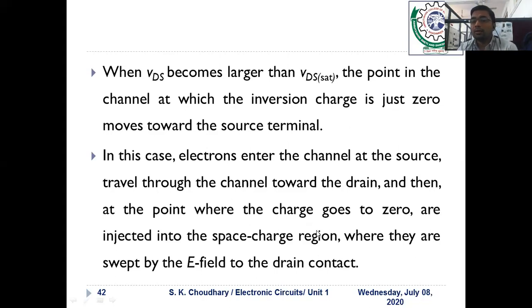In this case, electrons enter the channel at the source and travel through the channel toward the drain. Then, at the point where the charge goes to 0, this electronic charge is injected into the space charge region, where it is swept by the electric field to the drain contact. How this happens, we will see in the next slide through the diagram.